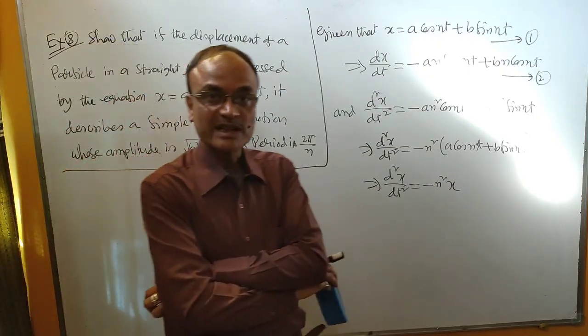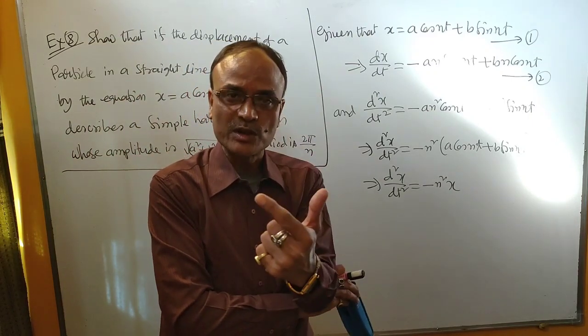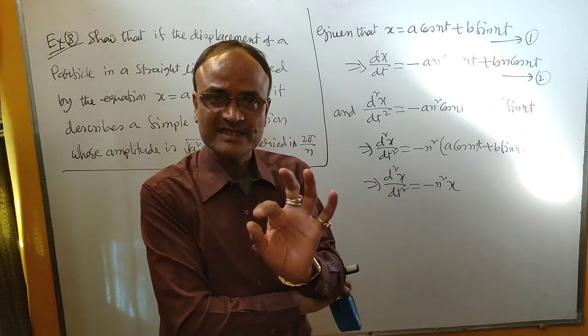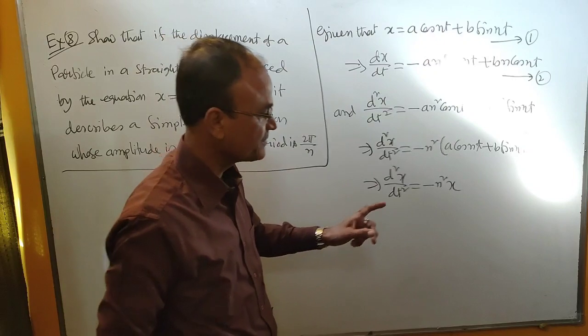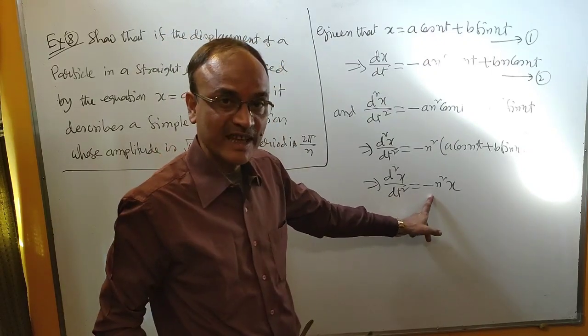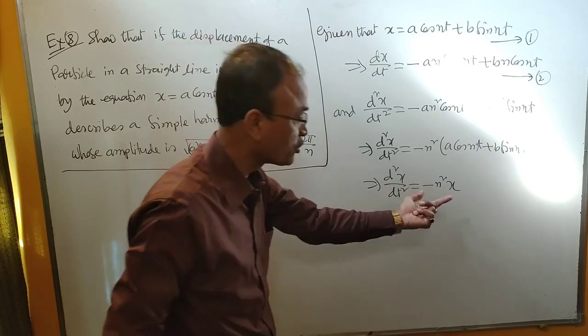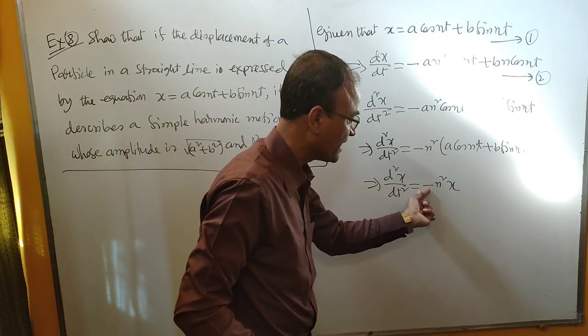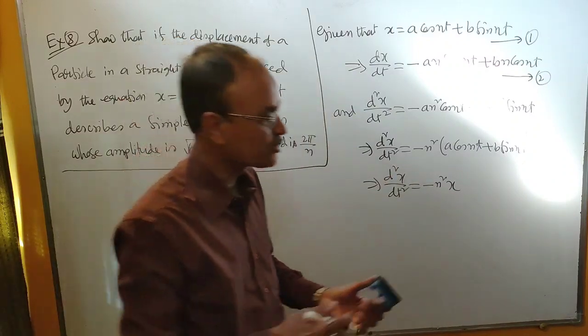Let me remind you the definition of simple harmonic motion. A particle is said to execute simple harmonic motion if it moves in a straight line such that its acceleration is always directed towards a fixed point in the line. The negative sign shows that the particle is attracted towards the fixed point, and the acceleration is proportional to the distance of the particle, minus a constant into x, which represents a simple harmonic motion.